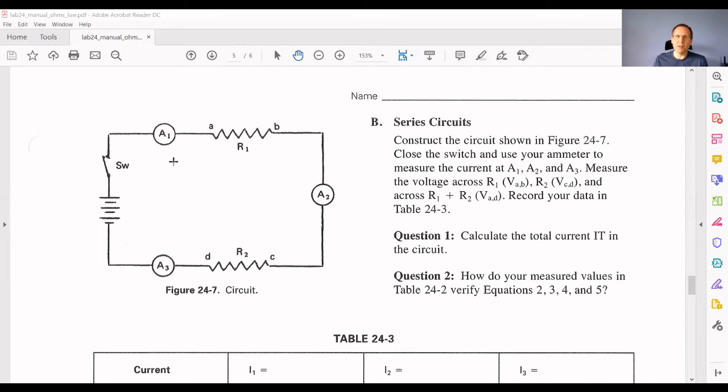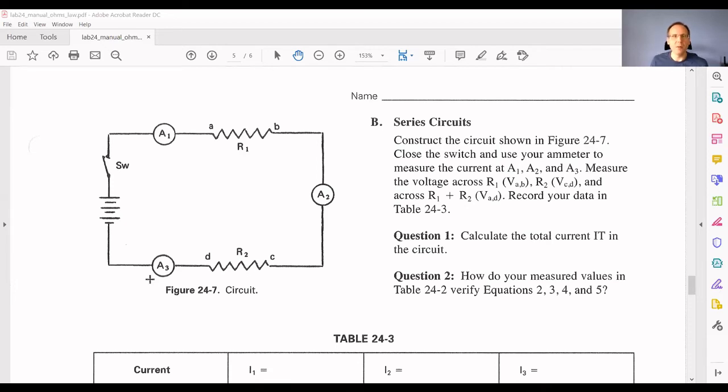So when it says measure I1, it's saying put your ammeter in this spot right here and measure the current through the ammeter at this location. That would be I1. Then you would connect the wire again, then take out this wire, put the ammeter in this location, that will be I2, and in this location will be I3.